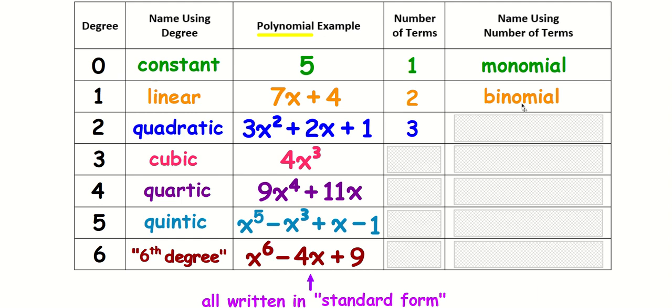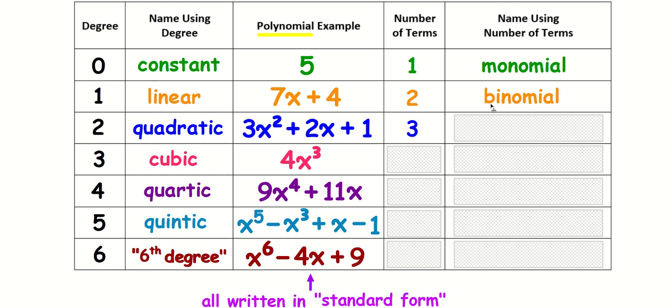But it wasn't to be. So if there's 2 terms, like here, we have the 7x and the positive 4, those are the 2 terms, so we can call this, because again, they're all polynomials, but if you want to be pretty specific, you call this one a monomial, this one a binomial. Well, what's a bicycle?